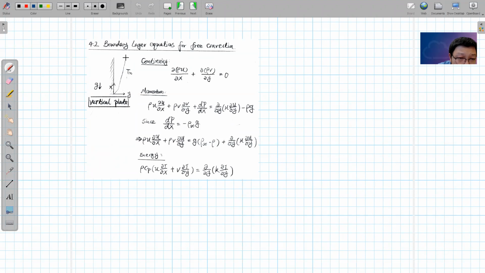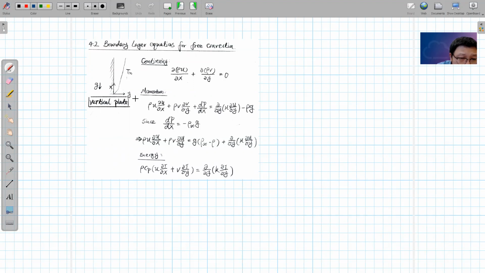This is the boundary layer caused by natural convection, and outside the boundary layer is free stream air with temperature T infinity and zero velocity. We set the direction along the plate as x, and perpendicular to the plate as y.